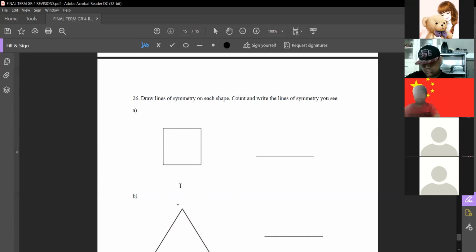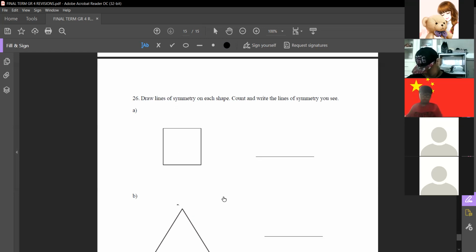Okay, this is a square. How many symmetry lines can you put? Shall we put one straight from top to bottom? Yes. Okay, during your exam, the students who are printing out can draw the symmetry line on the shape here.